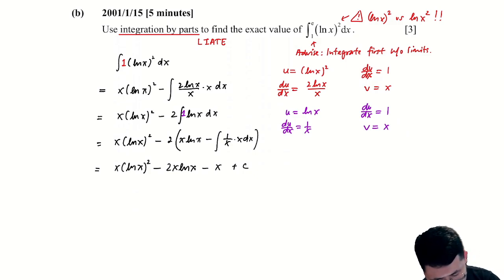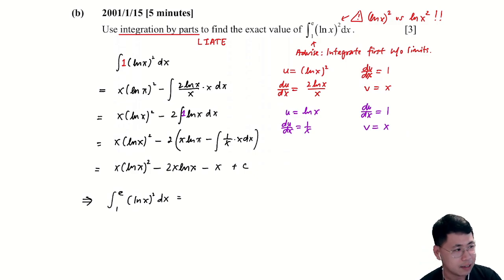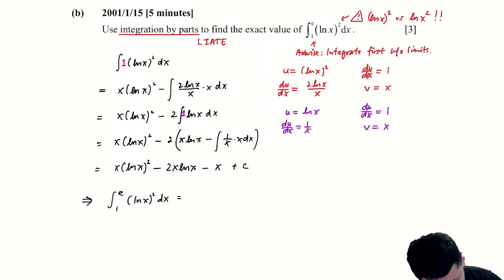All right, so with this, let us finally put in the limits, from 1 to e of (ln x) squared dx. So this one would be the whole expression, right? Put in the e and the 1, correct? So this would be x (ln x) squared minus 2x ln x minus x plus c. The c we don't need to put in already, from 1 to e. So let's sub in e first.